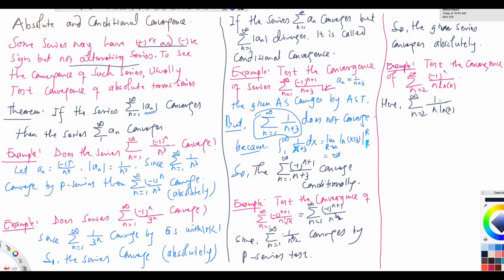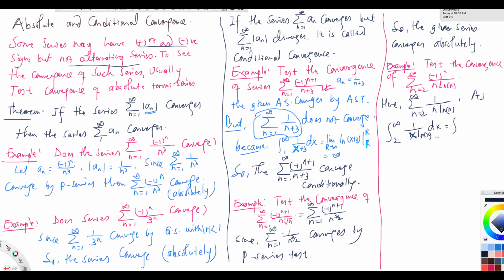We can use the integral test, right? The integral from 2 through infinity of 1 over x natural log of x dx equals what? If you use the u substitution for natural log of x, 1 over x dx will be du, right?